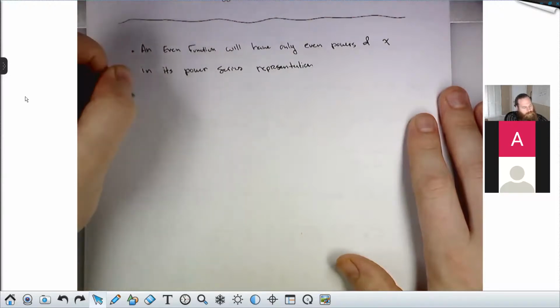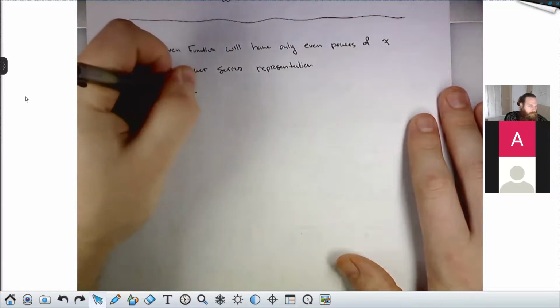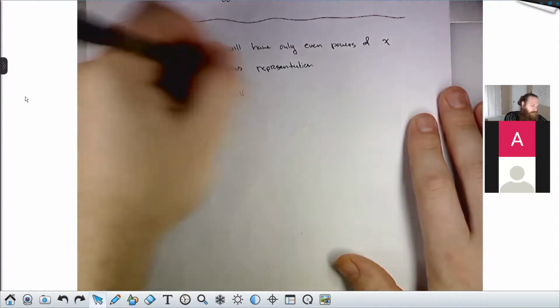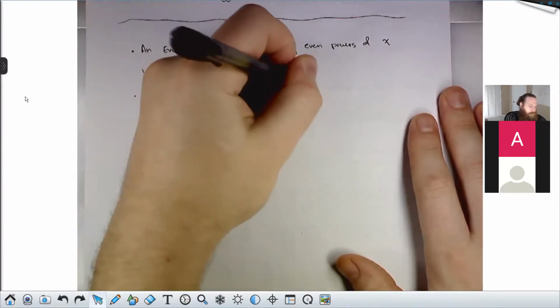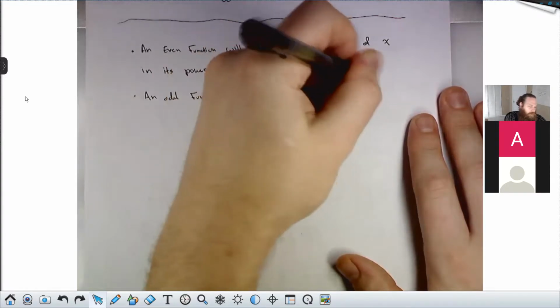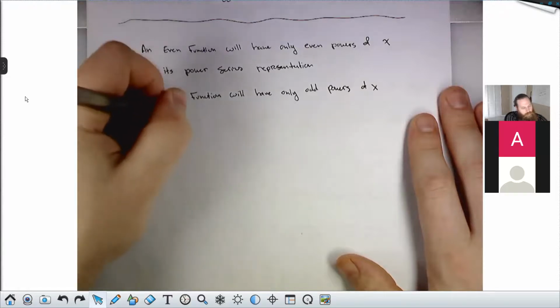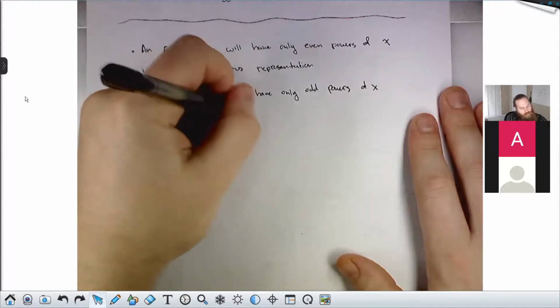And also, an odd function will have only odd powers of x in its power series representation.